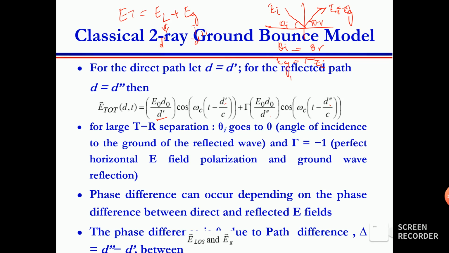So how can I write E total? E total is equal to ELOS plus EG. The line of sight is the incident field, so it is EI plus tau into EI. Taking EI in common, EI into 1 plus tau is going to be my E total.